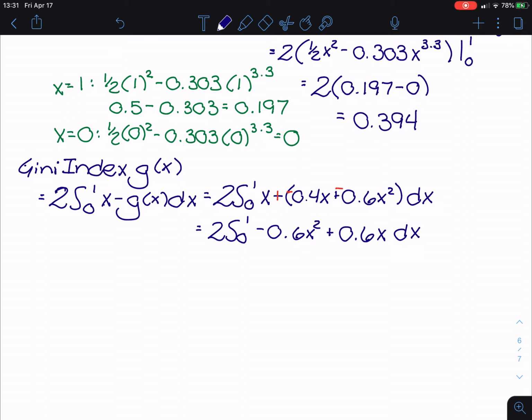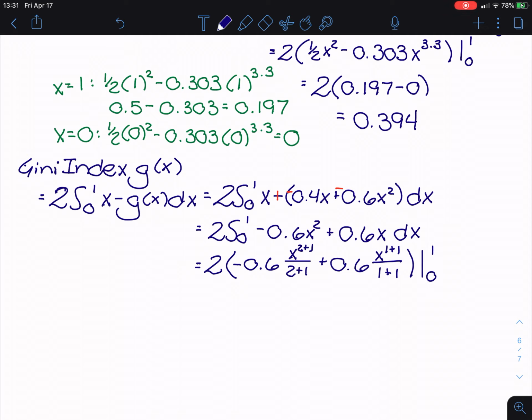Now I'm going to figure out my definite integral here and take the antiderivative. So I have negative 0.6 times x to the 2 plus 1 over 2 plus 1, plus 0.6 times x to the 1 plus 1 over 1 plus 1, evaluated at my limits of integration between 0 and 1.